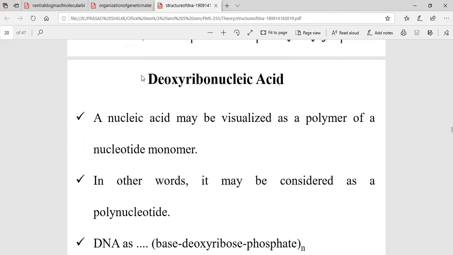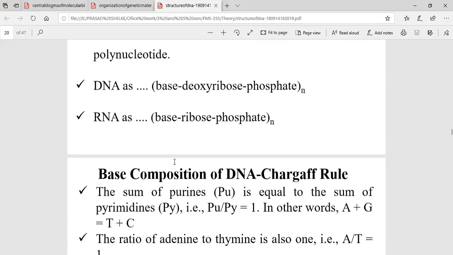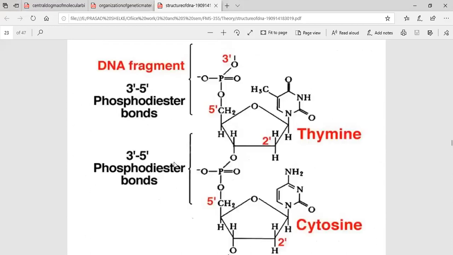So then the term deoxyribonucleic acid, that is DNA, is here. You can see a nucleic acid. Okay, here you can see that thymine and cytosine are the two nucleic acid or nitrogen bases that are bonded through this phosphodiester linkage.